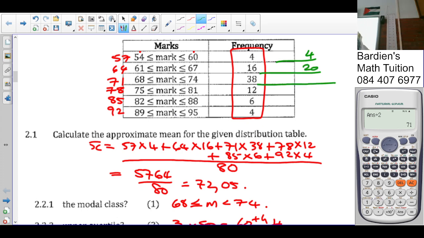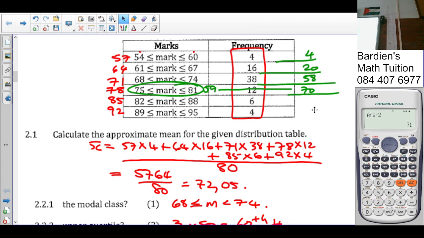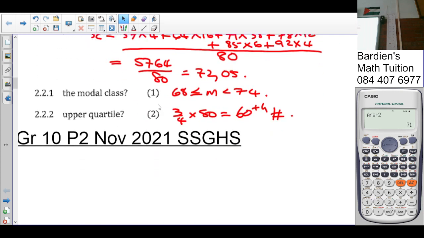Then 58. What am I looking for? The 60th number. At the end of this class, I've considered 70. So in other words, from 59 to 70 lies in this category, which includes number 60. That means to say that the upper quartile would lie from 75 to 81.